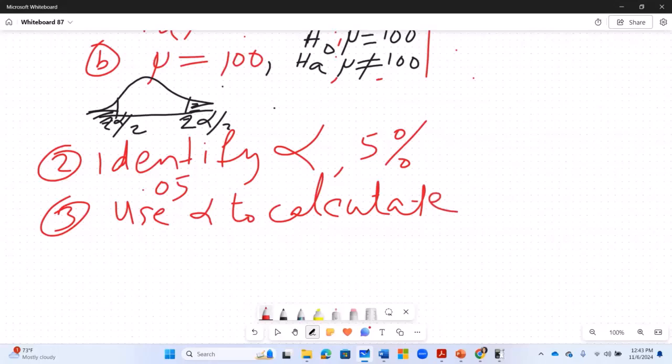And by the way, the alpha you use to calculate the critical value depends on the kind of test you're doing. If you're doing a t-test, then you calculate the critical value for t with n minus 1 degrees of freedom.